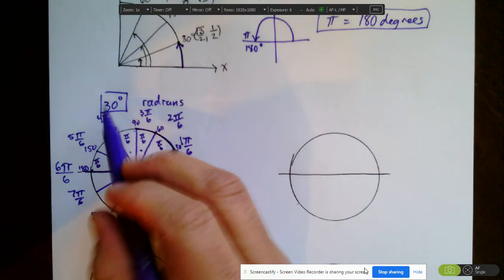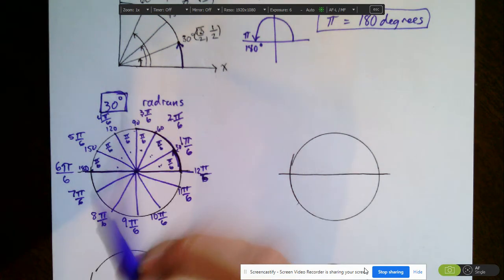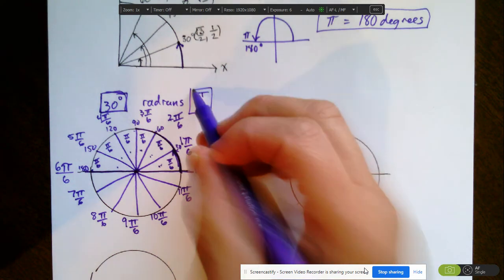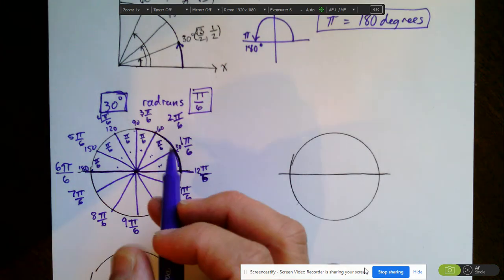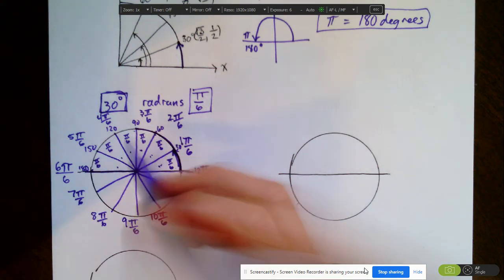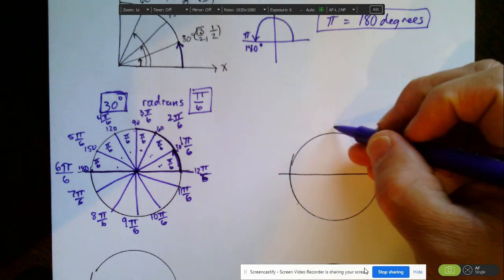So when you're talking about 30 degrees, you're talking about pi over 6s in radians. And we're just counting how many of those pi over 6 slices we're going to go around. And that's going to be this part of the unit circle here, over here.